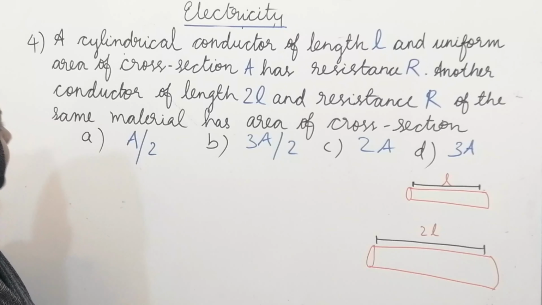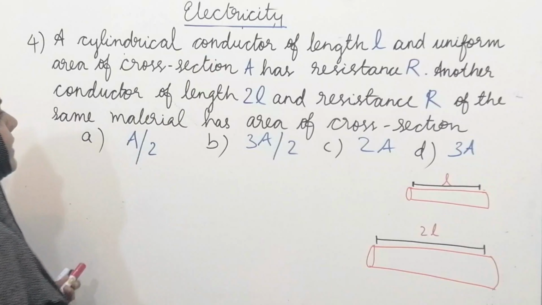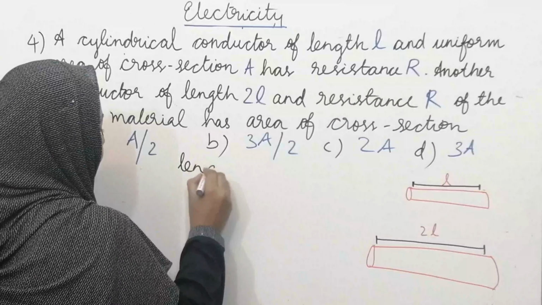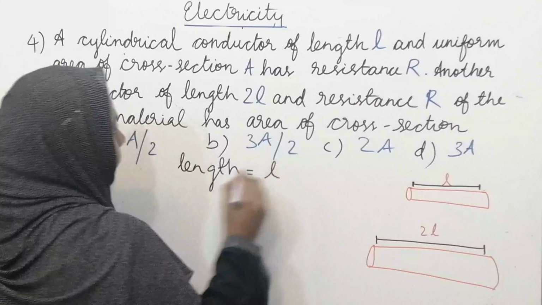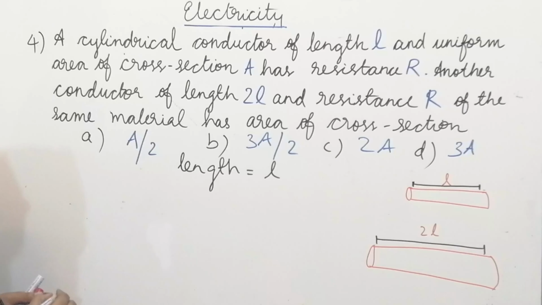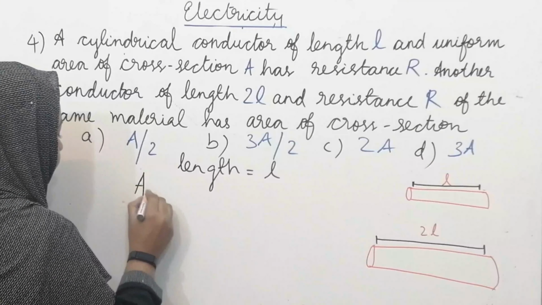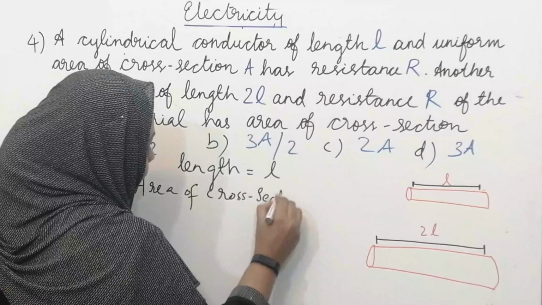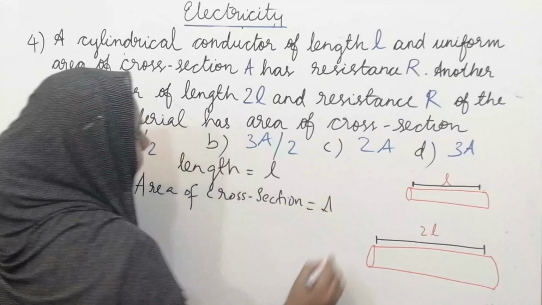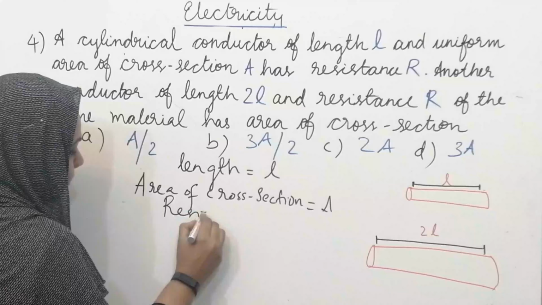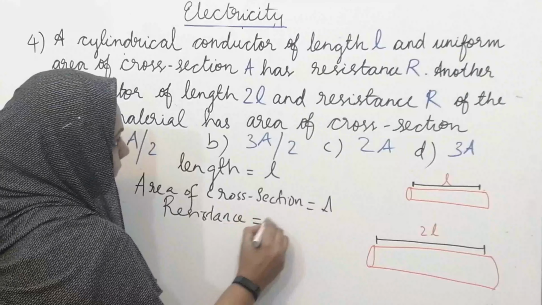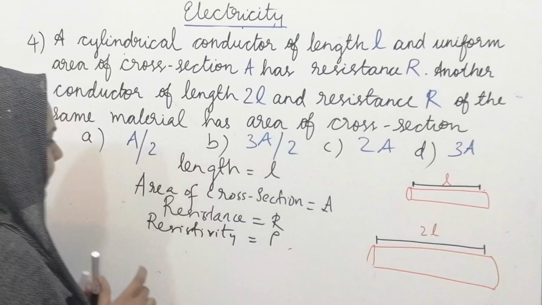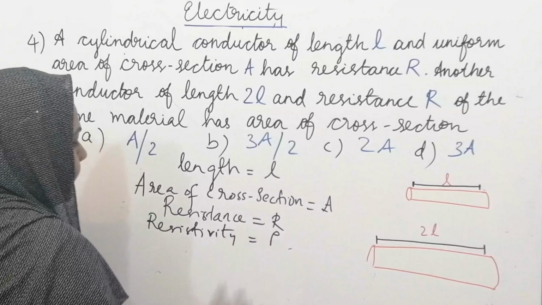First we can write what is given in the first conductor. A cylindrical conductor of length L, so length is equal to L, and uniform area of cross section A, so area of cross section is equal to A, and resistance is equal to R. Finally resistivity is rho.